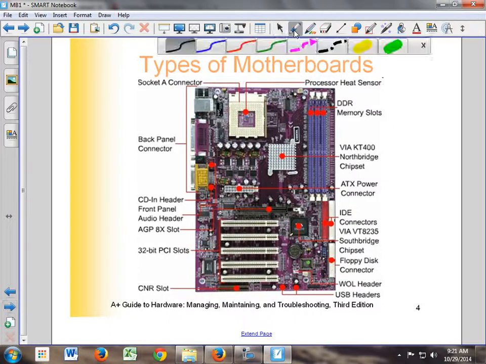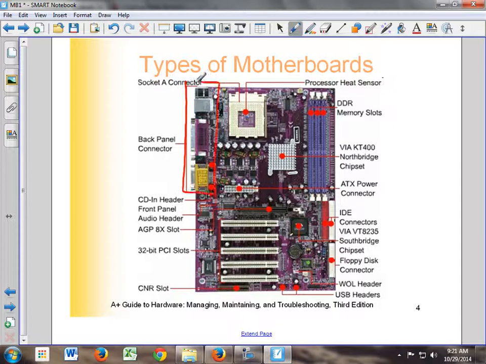But again, when we talk about ATX, we've got the back panel connector stuff, okay? When I choose a motherboard, I may be very interested in what's on that back panel connector. Because if I've got a good network card on there, I don't have to buy another network card, right? I don't have to add an expansion one here.